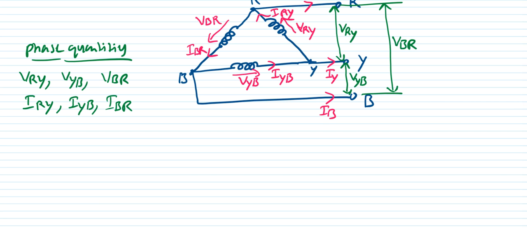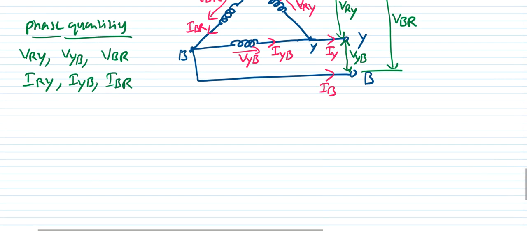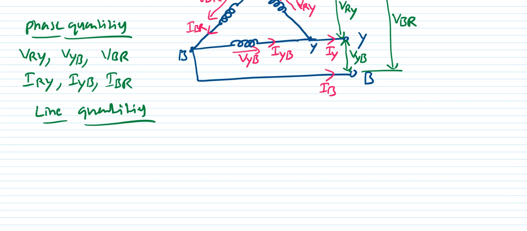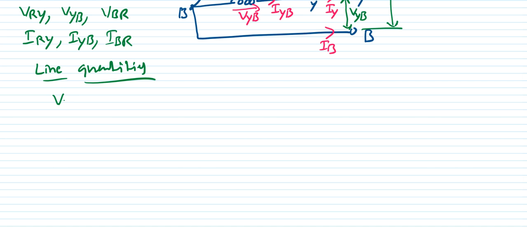Similarly, what are the line quantities we have here? Again VRY, VYB and VBR are the line voltages, and IR, IY and IB are called the line currents.